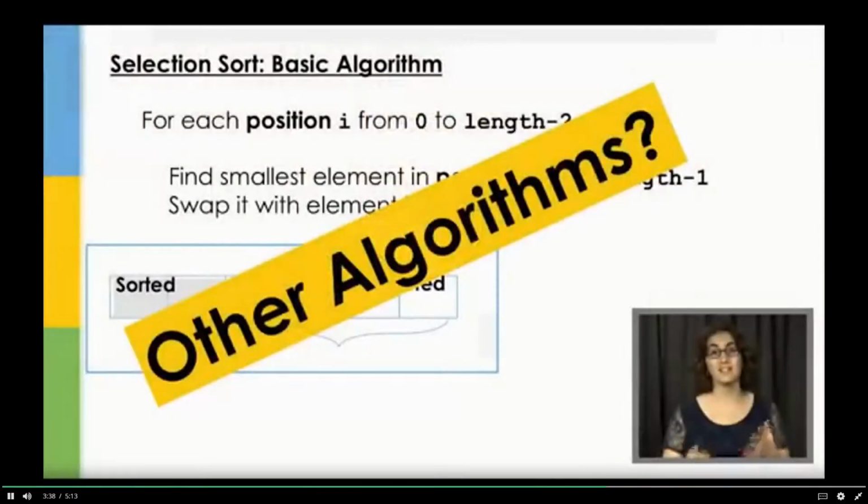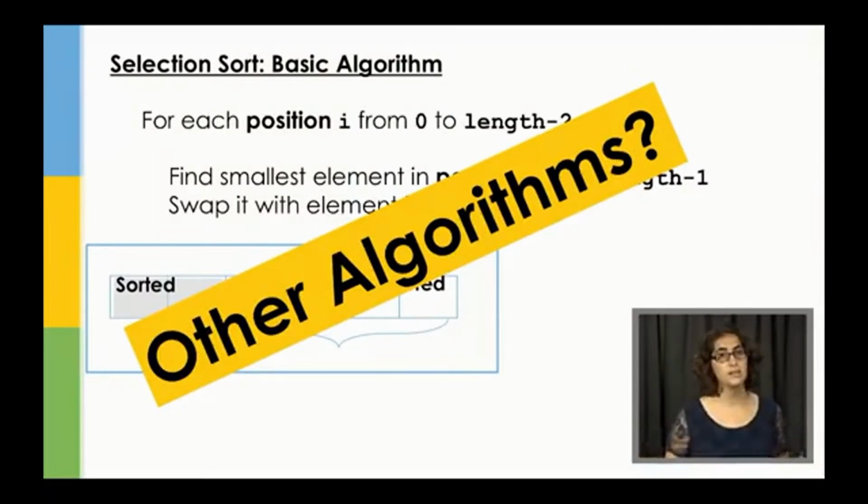Now, what I want to mention, though, is that aside from performance issues, and somewhat motivated by performance issues, we're always on the hunt for other algorithms for solving even the same problem. So we had this sorting problem, and we had one solution for it, namely selection sort. But even if we didn't know that it was kind of a slow one and maybe not so great, we'd still be interested in finding other algorithms that solve sorting.